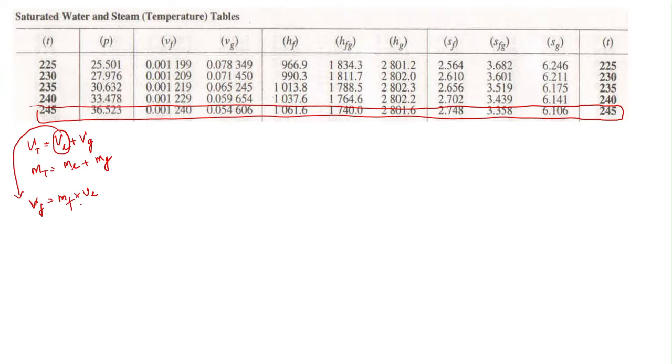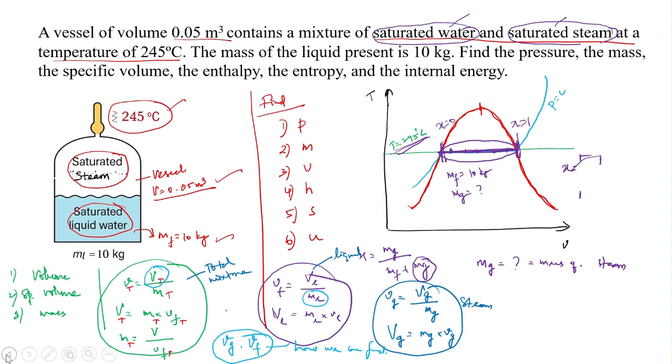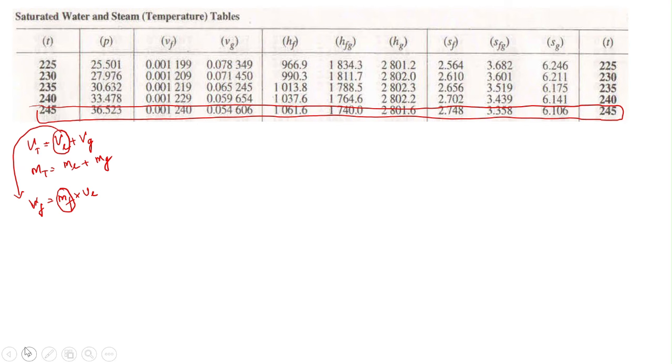Here the mass is given in the problem as 10 kg. What is the specific volume of liquid? At 245 degrees Celsius, this is the value given: Vf is equal to 0.00124.